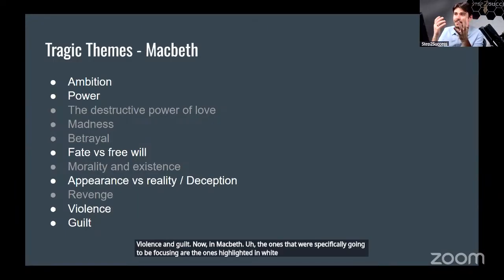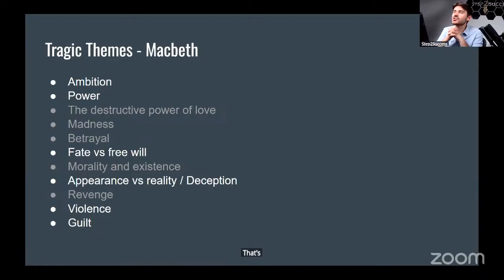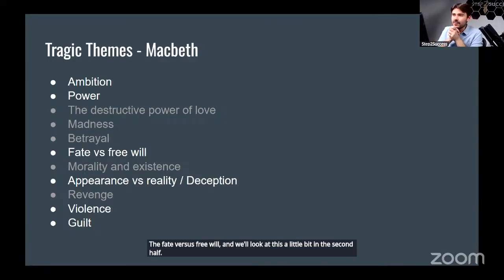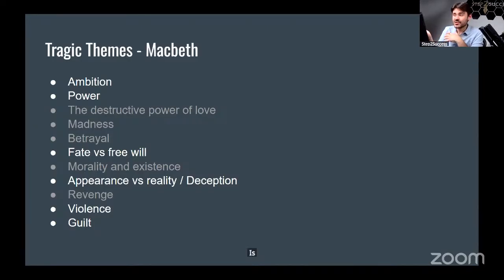So in this case, ambition, that's his hamartia, it's his fatal flaw. His hubris, his pride, leads him to become overwhelmed by a search for power. The fate versus free will, and we'll look at this a little bit in the second half, is, were his actions determined by the supernatural, the witches, or was it always inside him?